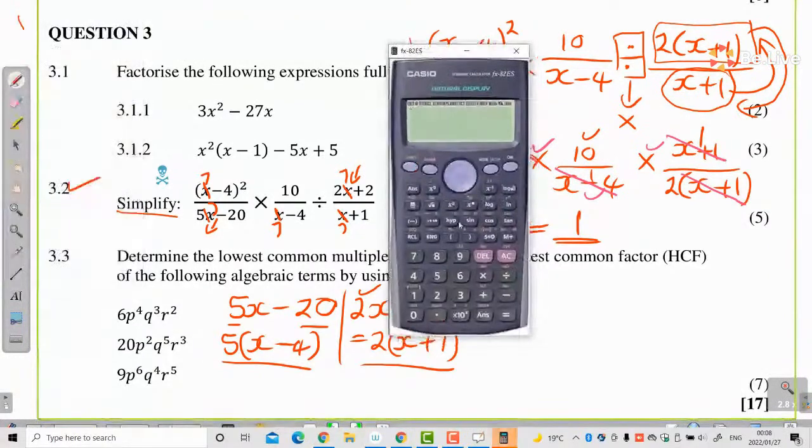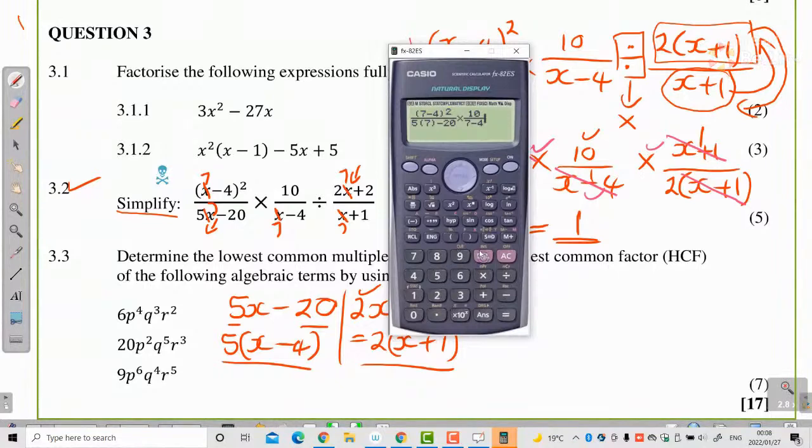So I've got fraction bracket 7 minus 4 squared over 5 into 7, remember that, minus 20. Always put a bracket for that, and then it's times 10 over 7 minus 4 divided by 2 into 7.